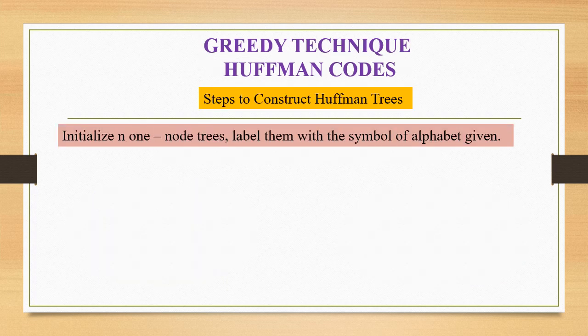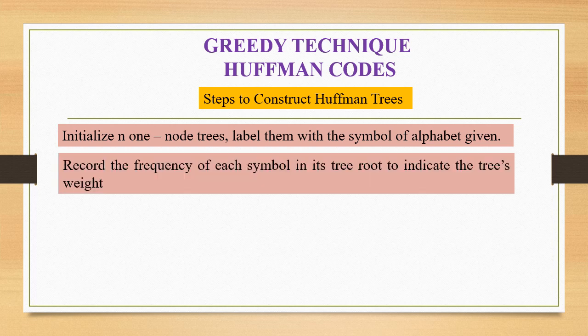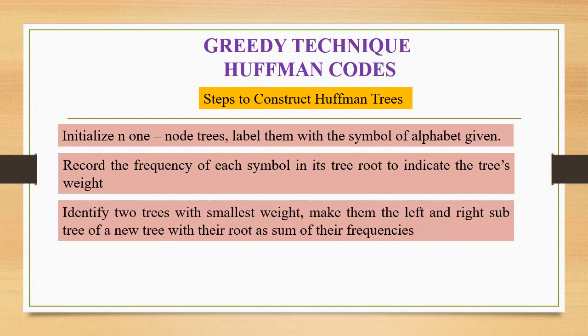What are the steps to construct the Huffman coding tree? First, initialize n single-node trees and label them with the symbols of the alphabet given. Record the frequency of each symbol in its tree's root to indicate the tree weight. Then identify the two trees with the smallest weight and make them the left and right subtrees of a new tree whose root is the sum of their frequencies.